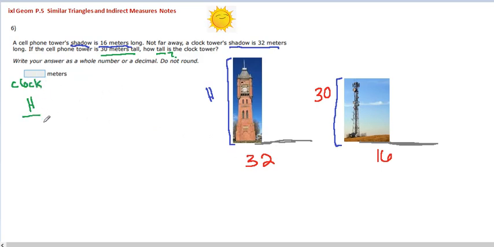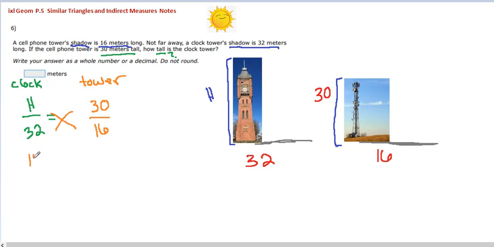So the height of the clock to the shadow of the clock is H over 32. Now the next one I'll set up is based off of the tower. I did height here, so I've got to do height here. So I did a ratio of height to the shadow. This is the height information here, shadow information here. We just do our cross multiplying.